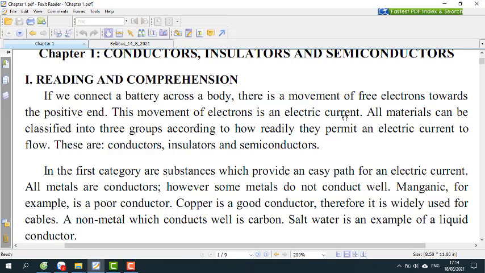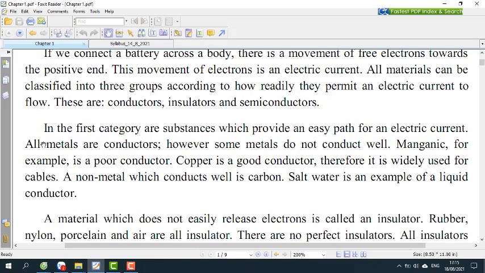All materials can be classified into three groups according to how readily they permit an electric current to flow. These are conductors, insulators, and semiconductors. In the first category are substances which provide an easy path for an electric current.